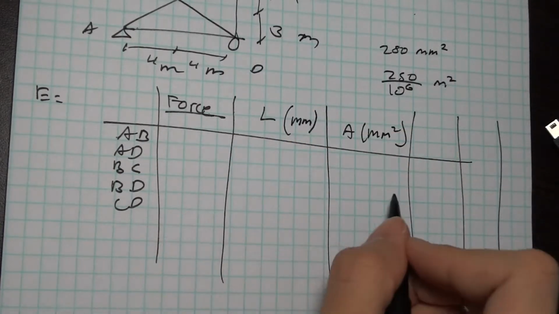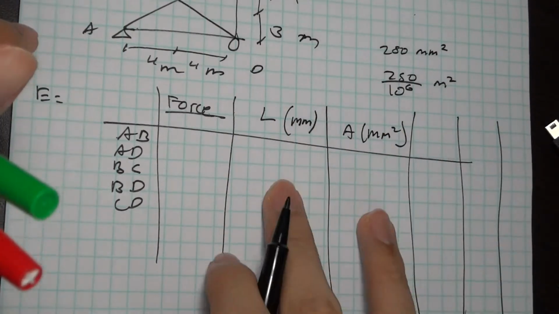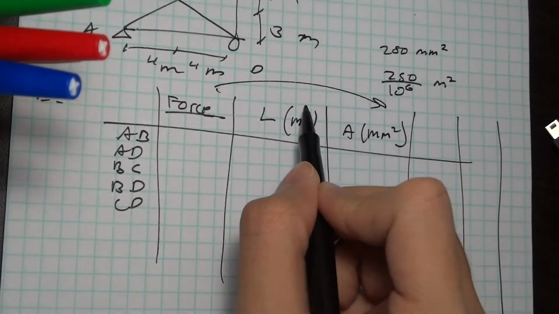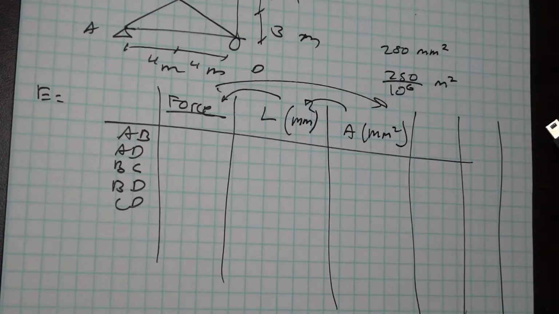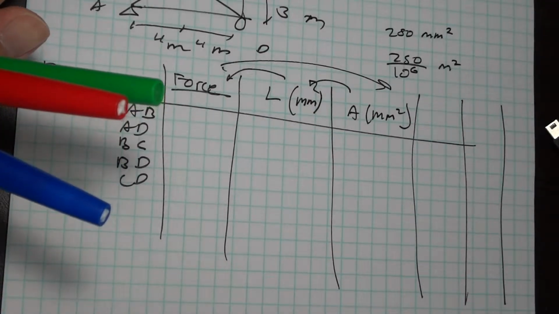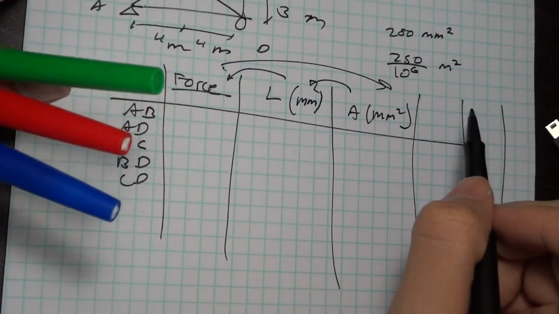So you want to find all these things. Normally you put your force here, you move these two over by 1, and you move the force over here. It doesn't really matter as long as all the values you need are located somewhere on your table. So you have all these, and now for this column.